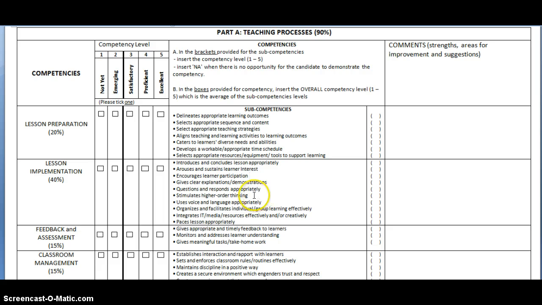Please revise on Bloom's taxonomy. Uses voice and language appropriately, organizes and facilitates individual or group learning effectively, integrates IT or media or resources effectively and or creatively, paces lesson appropriately.